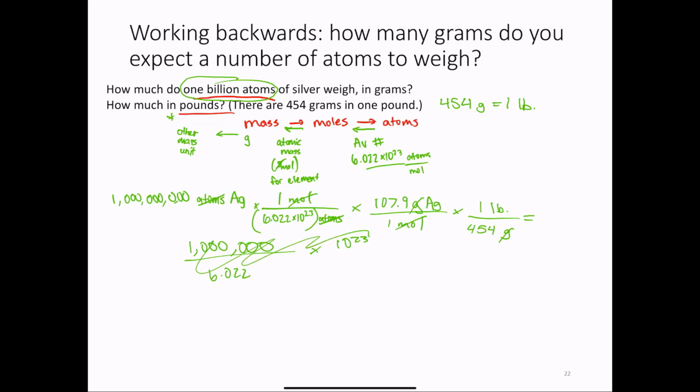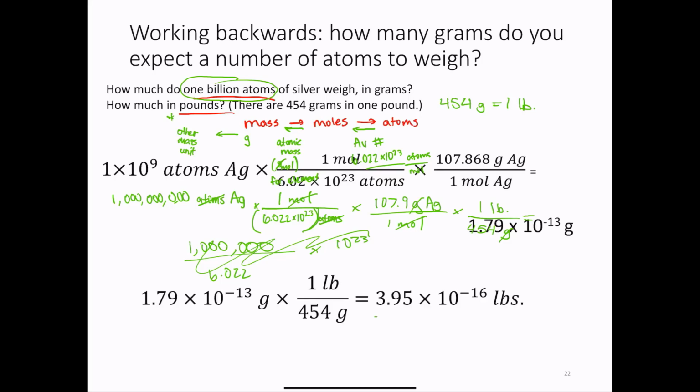You type in these parentheses, and then your calculator understands that the times 10 to the 23rd power is also supposed to be in the denominator of the fraction that you're essentially typing into your calculator. Okay, so you take 1 billion, divide by parentheses 6.022 times 10 to the 23rd, end parentheses, and then multiply by 107.9, and then divide by 454, okay? So once you do that, your ending answer should be 3.95 times 10 to the minus 16 pounds, okay?